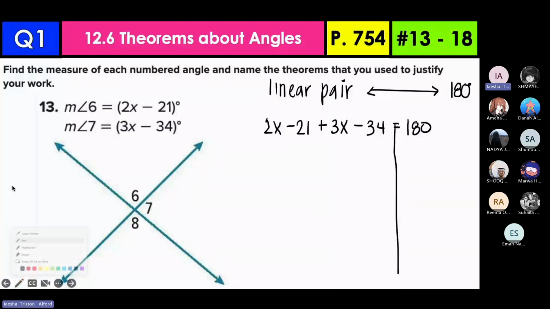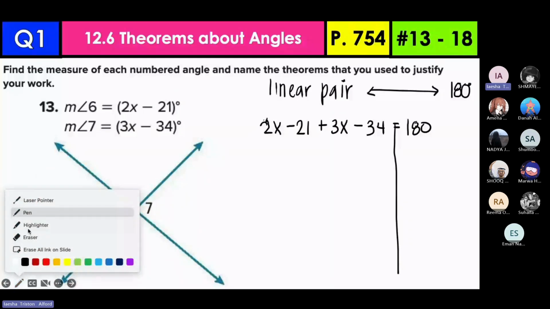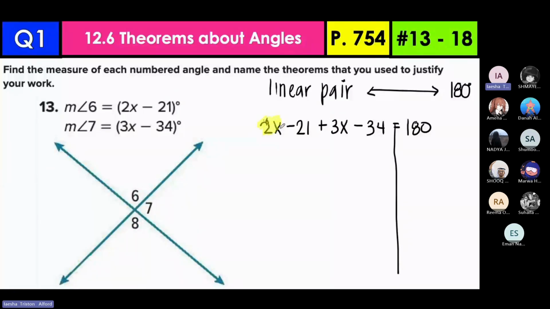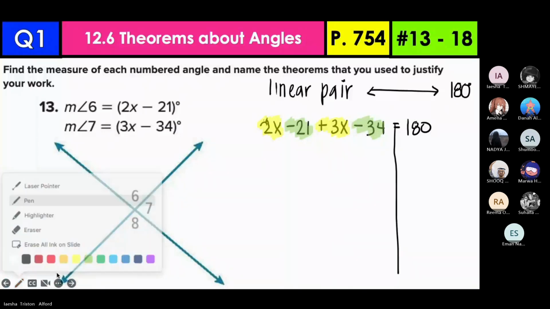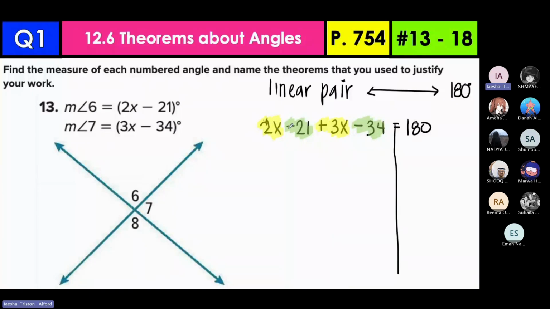So here, what's the next step? In the x, we're going to clean everything on the same side. We have x's we need to clean, and we have numbers without x we need to clean. You need to clean everything up to make it a shorter problem. So start with the x. You have 2x plus 3x, going to give you what? 5x, positive 5x, right? Then you have negative 21, subtract 34.